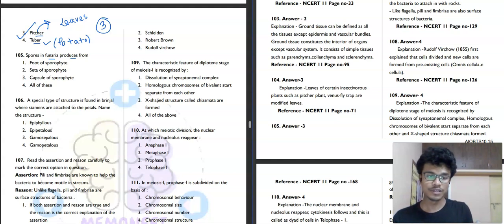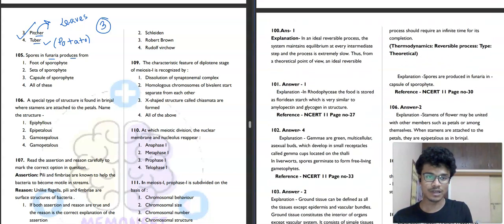Funaria is a moss, and spores are produced from the capsule of the sporophyte. The third option will be the correct answer for this question. And these spores are basically the first cell of the gametophytic generation.